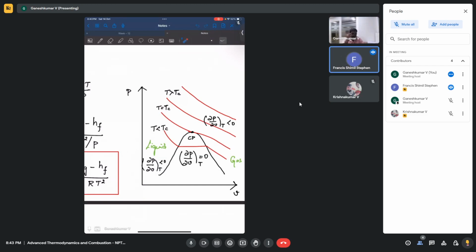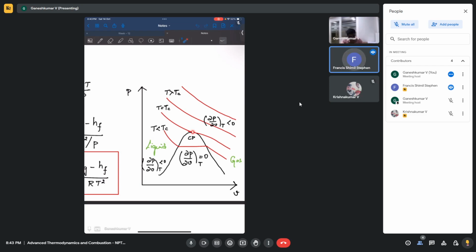Is it distinct? Can we draw any line like this, saying that till this line is liquid and till this line is gas? It's actually at the top of the dome. We don't know the contour; we can't separate it using any contour. Is it like that?